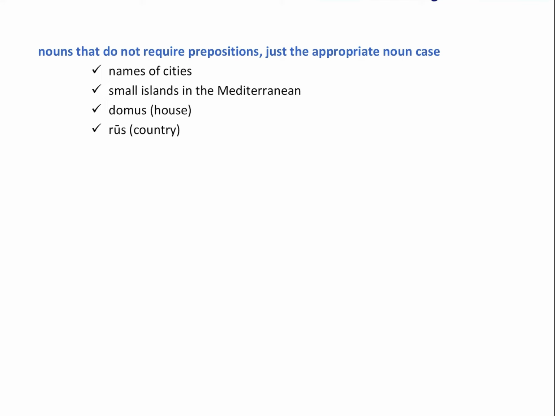You won't be using this for a while, but I want to introduce it to you. It's the names of cities, small islands in the Mediterranean, so we wouldn't be talking about small islands in the Caribbean. The nouns domus, which means house, and rus, which means country, as opposite of city, not country like the country of France, right? They don't use prepositions. They don't require them, just the appropriate noun case.